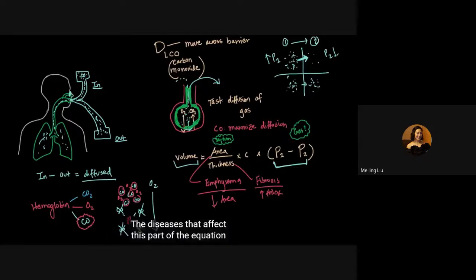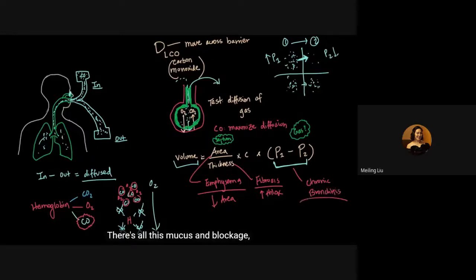So the diseases that affect this part of the equation are the diseases that make it hard for air to get into the lungs. Let's say chronic bronchitis. There's all this mucus and blockage, so the air can't get into the alveolus. The lack of that air pressure in the airways is going to give a lower P1 minus P2.